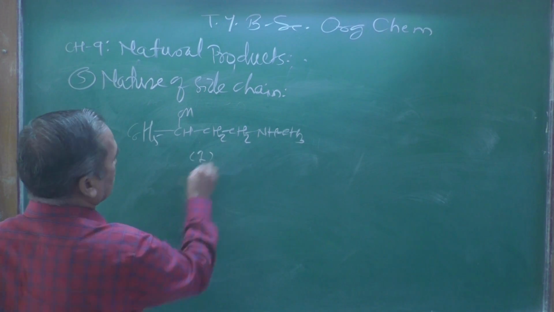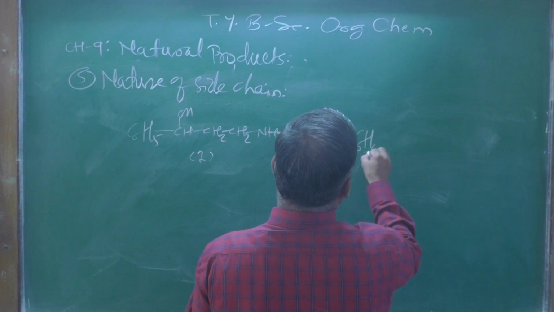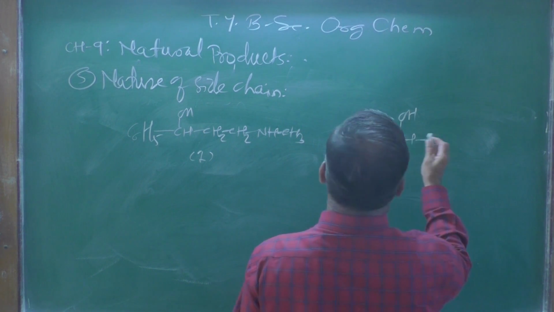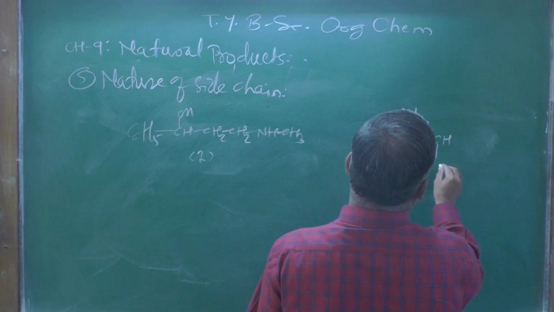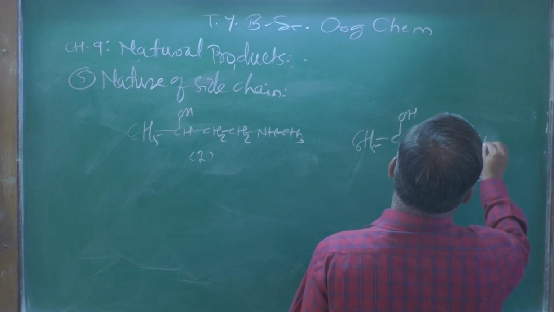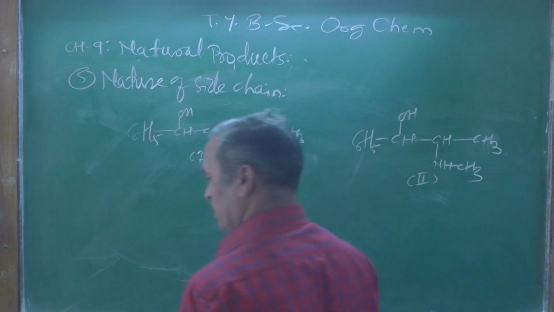This will be structure number first. Another structure we can write: C6H5, CH-OH, then CH, then NH, CH3, and there just CH3. This is structure number second.